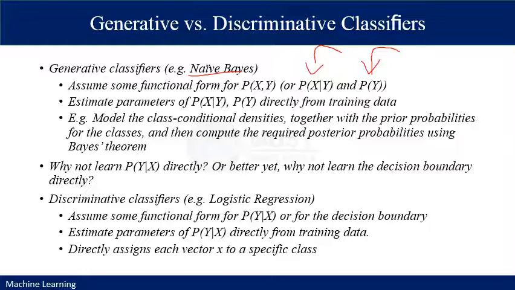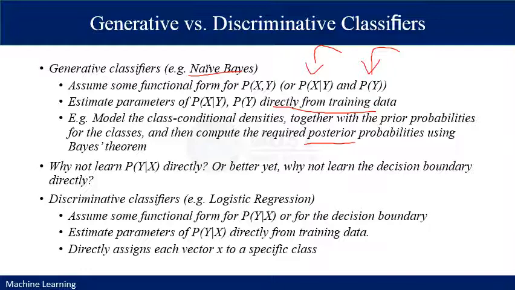So they estimate the parameters in terms of likelihood and prior probabilities directly from the data. For example, you model the class conditional probabilities together with the prior probabilities for the classes and then compute the required posterior probabilities using the Bayes theorem.